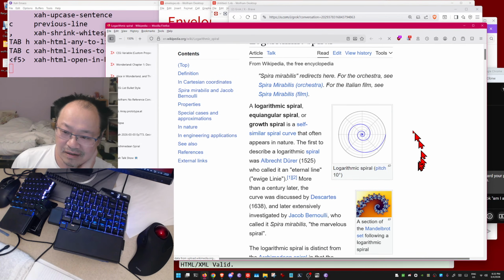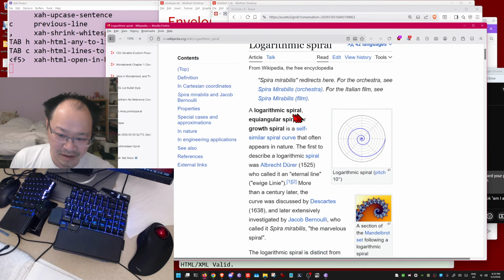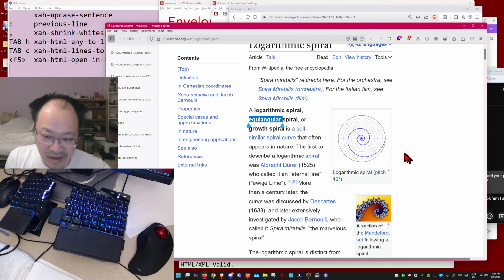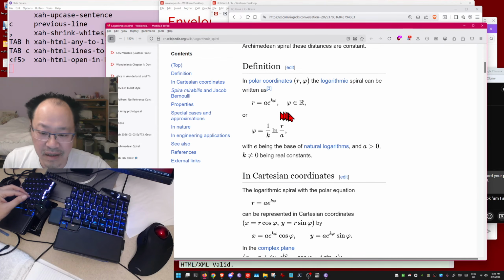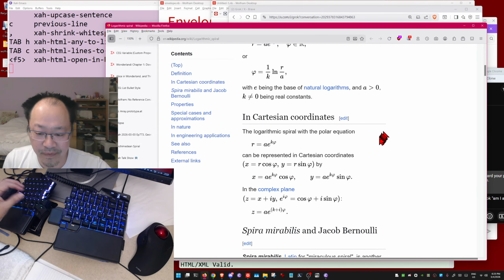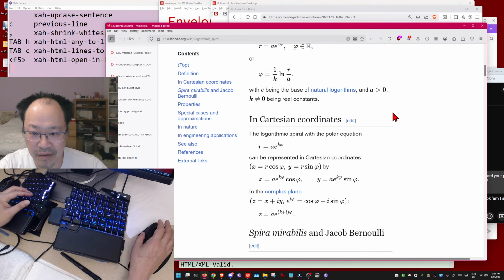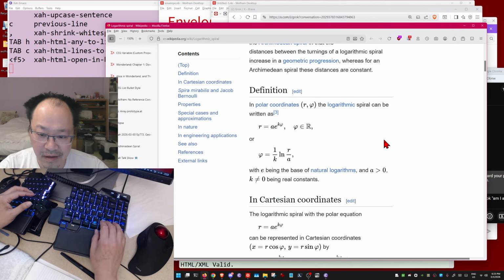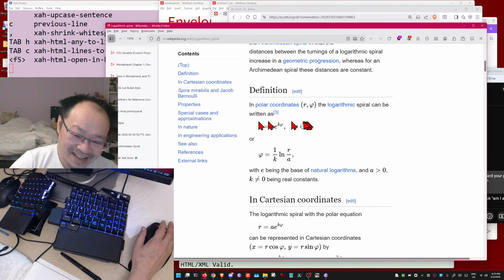Okay, there it is. Logarithmic spiral. You see, they call it logarithmic spiral, but the better name would be equal angular spiral, because that name defines the spiral. That's a property of it. You can see the formula on Wikipedia.